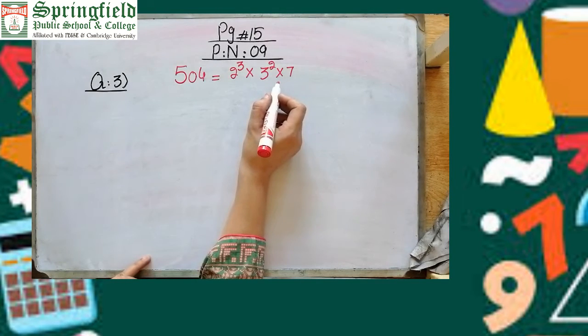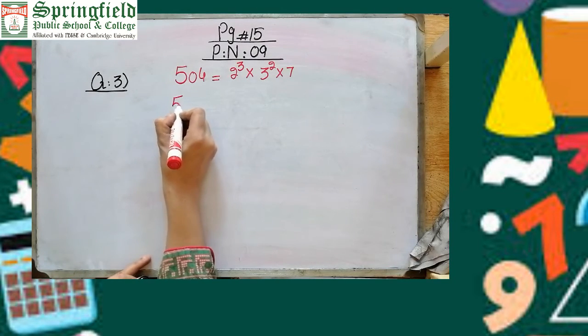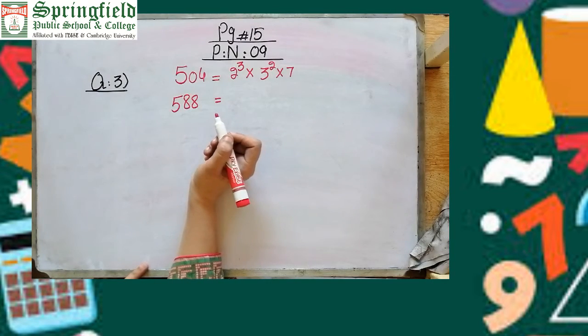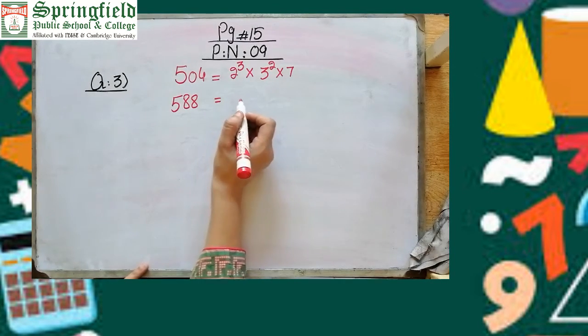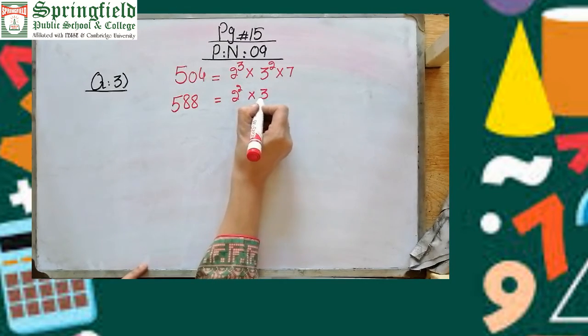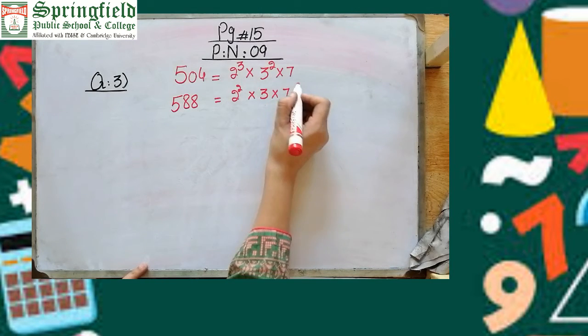This form is called a product form. Now write down the factors of 588. The factors of 588 are 2 square multiply 3 multiply 7 square.